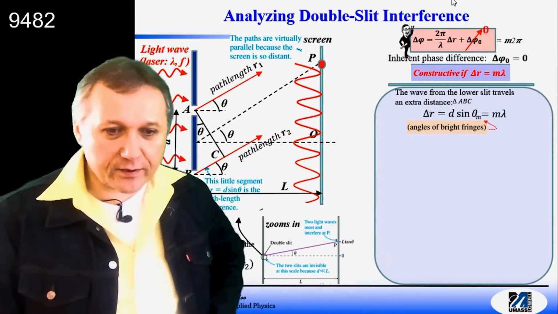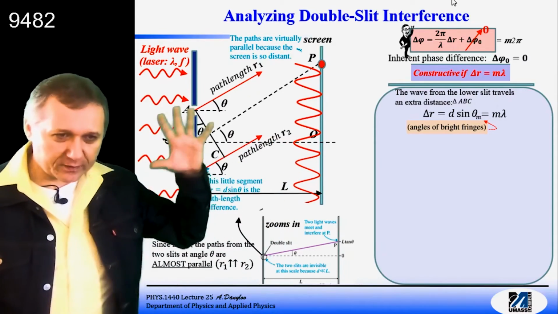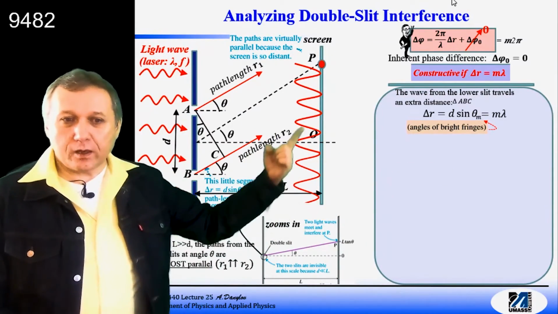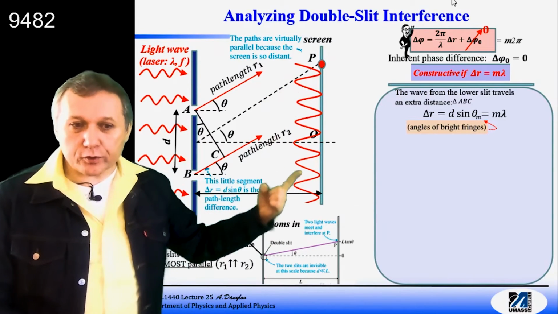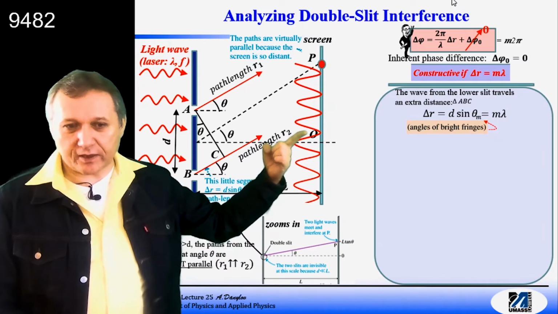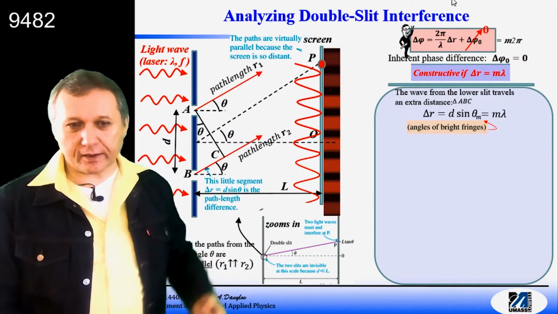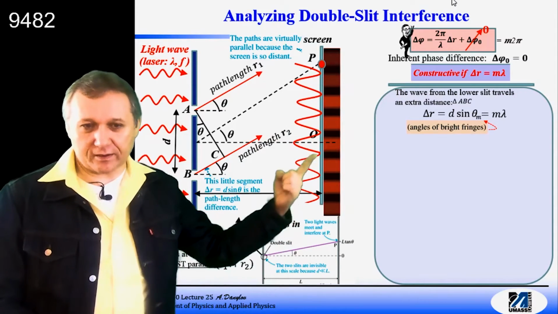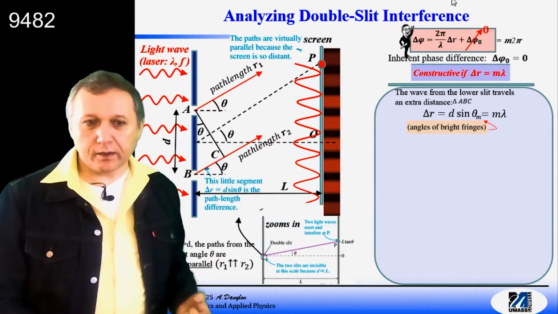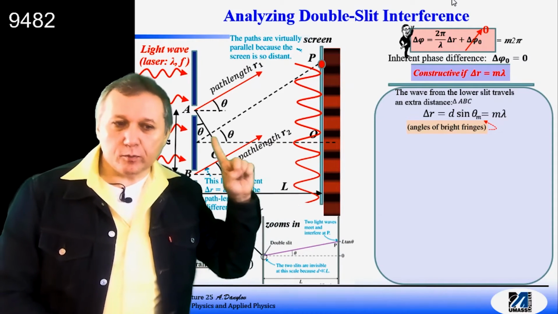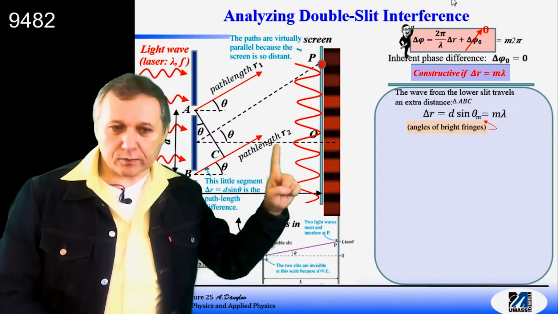Before I continue, of course, we're going to see a bunch of bright and dark spots: bright, dark, bright, dark. At the center of the screen, you must have a bright spot all the time.